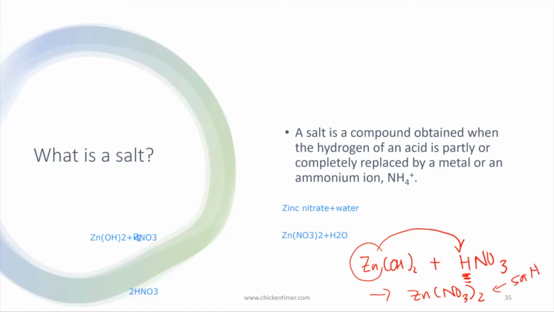So the definition here just means a salt is a compound obtained when the hydrogen of the acid is partly or completely replaced by a metal, in this case zinc ion, or an ammonium ion. So this is what the salt means here. So earlier on, we see in our formulas, we have salt all over the place. This is what salt is.